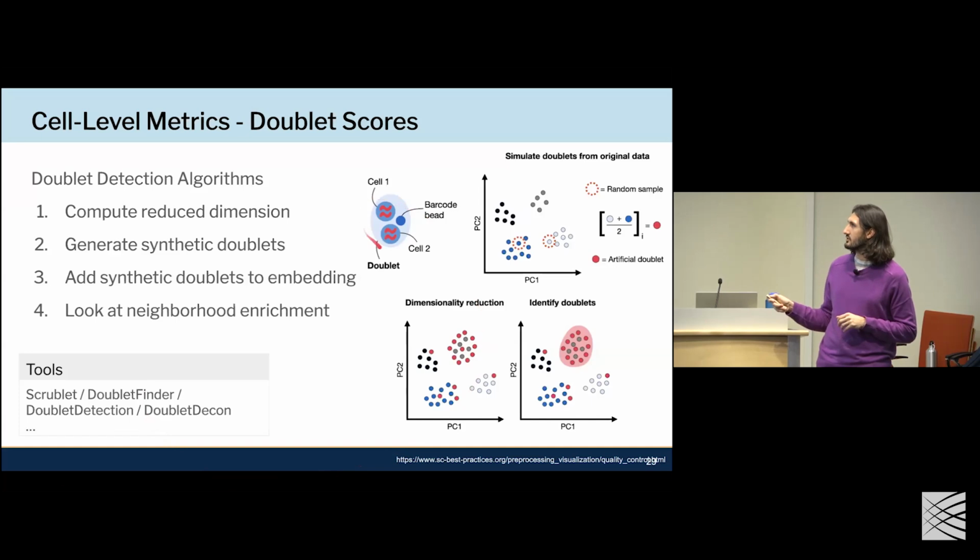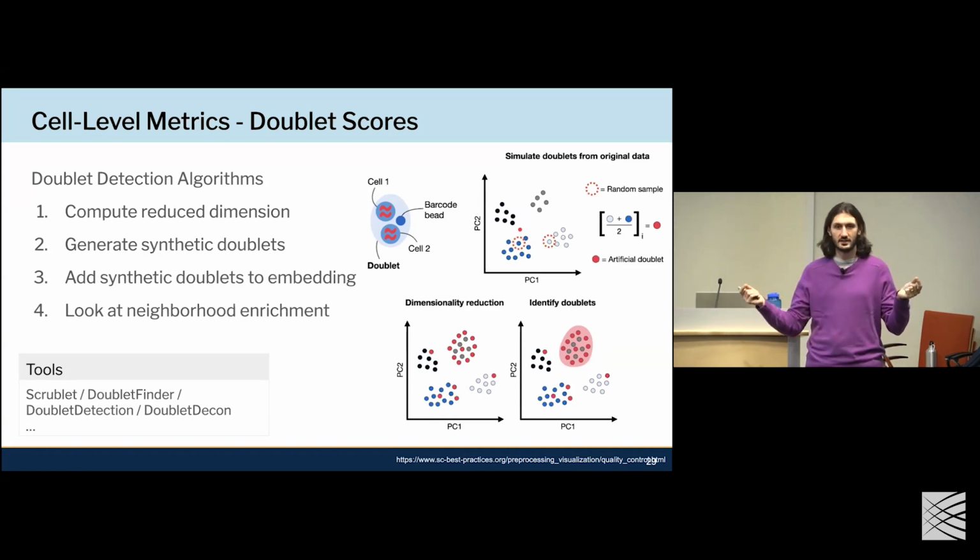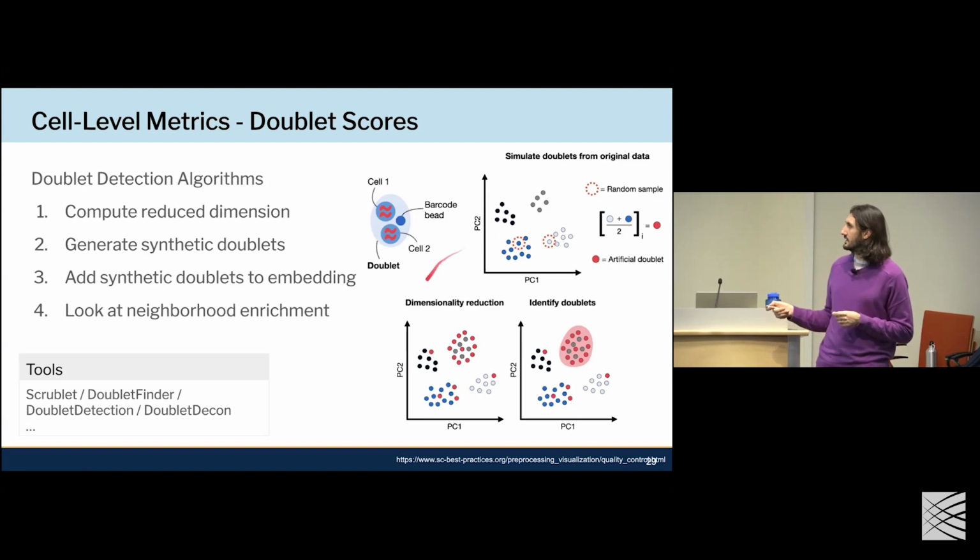Basically, what they're trying to do is mimic a doublet that has happened during the process. To do that, let's say you have your PC space with all of your cells. What you do is you create artificial doublets. So you grab 2 random cells from your data set, you put them together, and you do that many, many times. And you put these simulated doublets back into your reduced dimensions embedding.